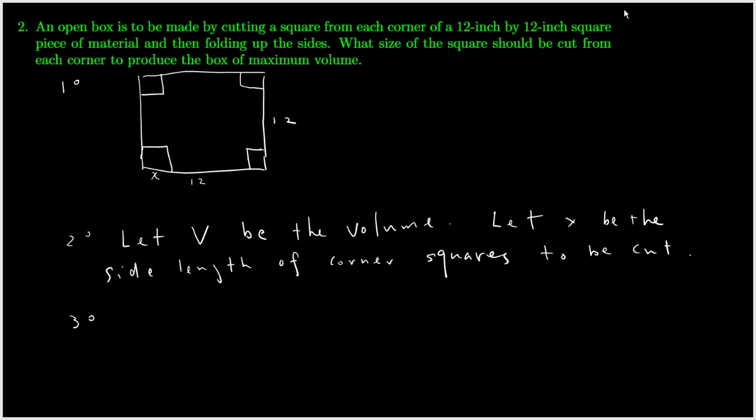You guys are smart. So anybody want to tell me how to relate the 2 quantities? I know it's a little bit too quick to ask you that, but you guys are smart. Anybody want to tell me the volume of the resulting box, how to write V in terms of x?